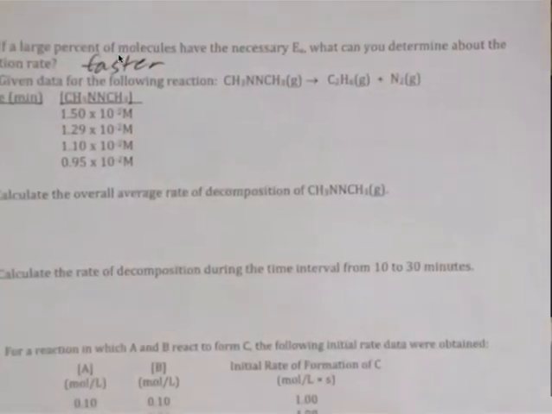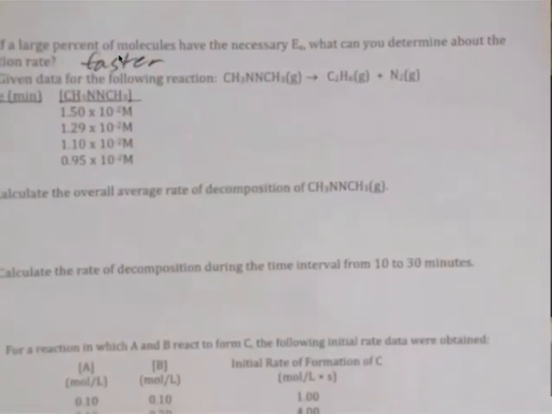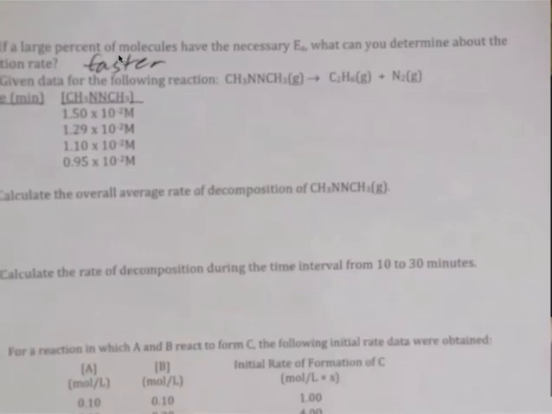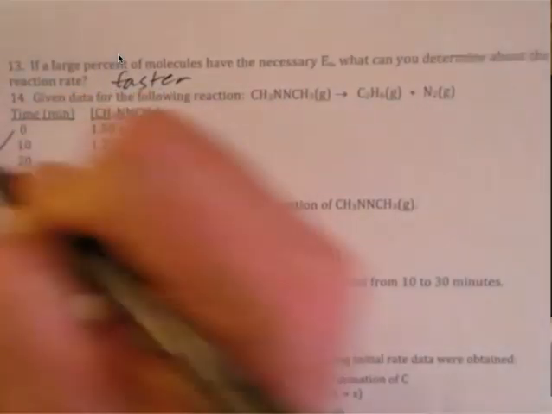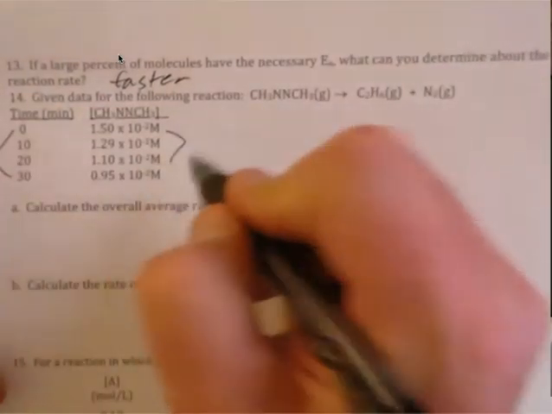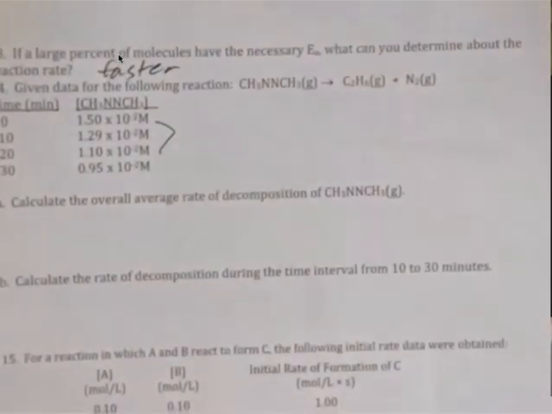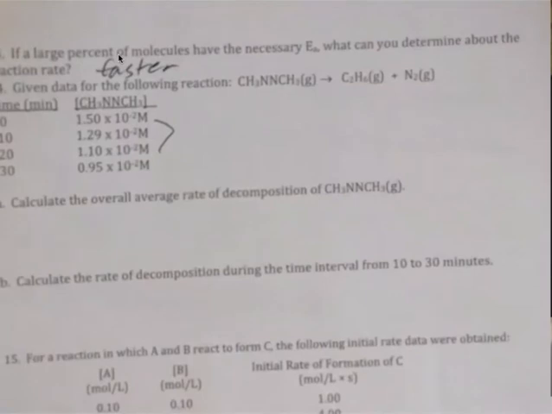Given the data below, calculate the average overall rate of decomposition. So here's our change in time. And here's our change in concentration. We want 1.5 times 10 to the negative second minus 0.95 times 10 to the negative second.